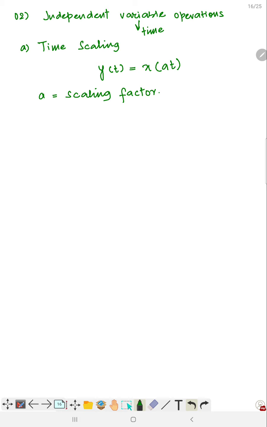Now the thing is, what will be the implications on the signal? What will happen to the original signal x of t in a general manner? So there are basically two cases.